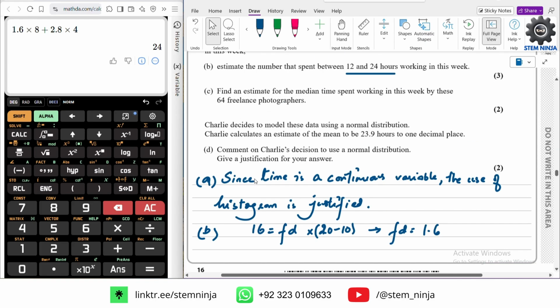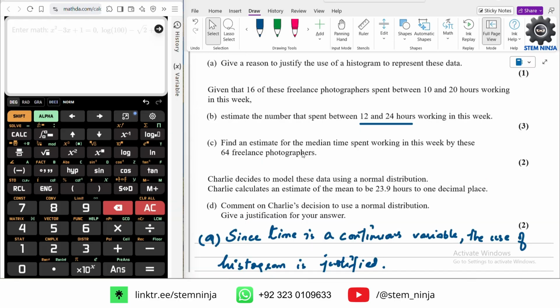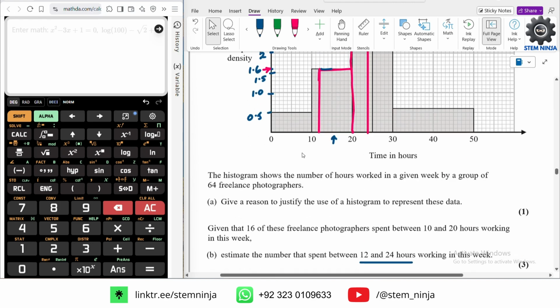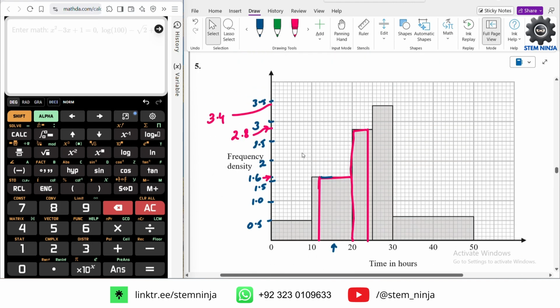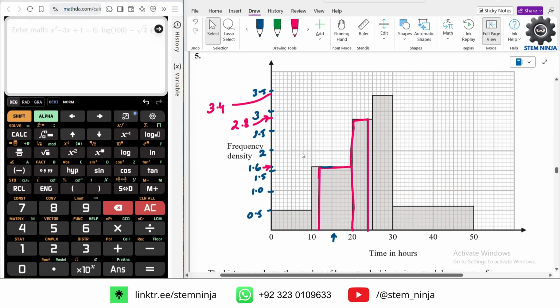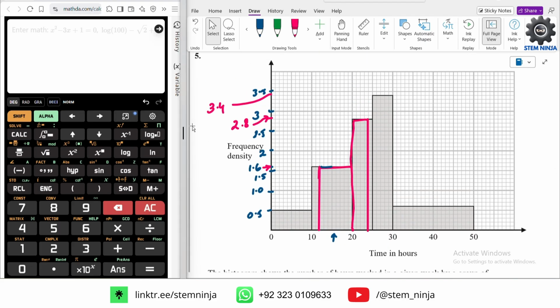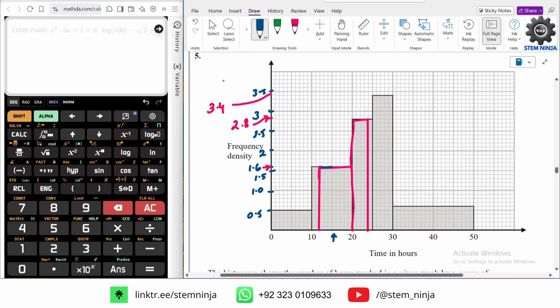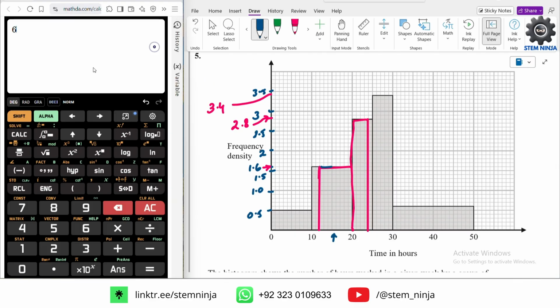Find an estimate of the median time spent working in this week. So for the median, what we need is to understand where the half of 64 would be. So it's just like the frequency, group frequency table basically. So 64 divided by 2 is 32. We need to see where it comes out.